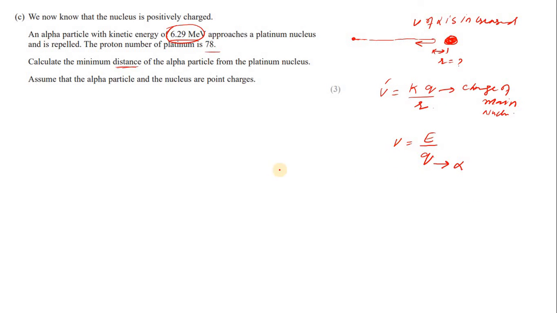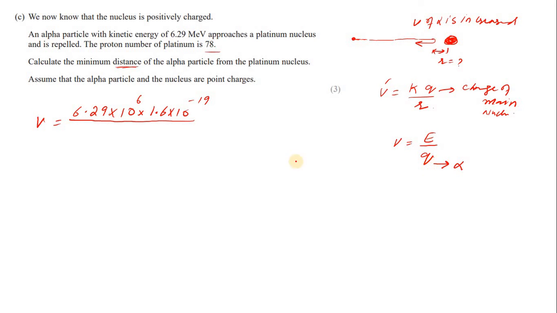So let's find V. V is equal to energy, which is 6.29 million electron volt or mega electron volt. So energy is 6.29 times 10 to the power 6 electron volt, which needs to be converted into joule. So you multiply by 1.6 times 10 to the power minus 19, divided by the charge. And the charge is alpha.